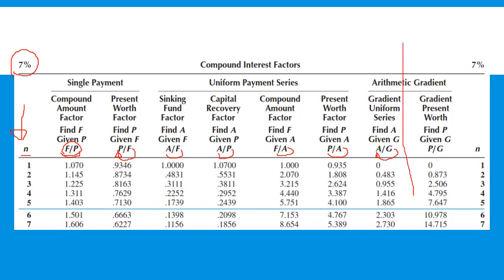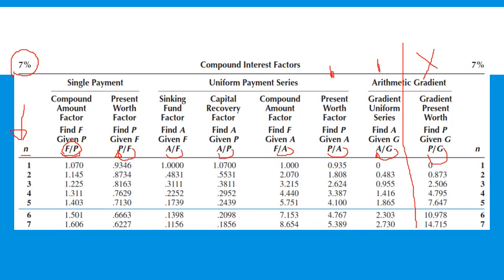Normally this last column is not available in many of the interest factor tables. If it is available, you can convert G to P directly. It is A by G comma P by A. So that is A by G, this column multiplied by this column.